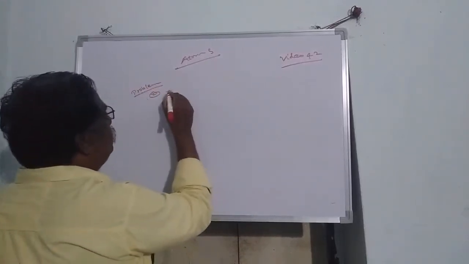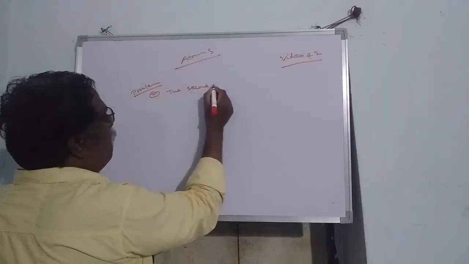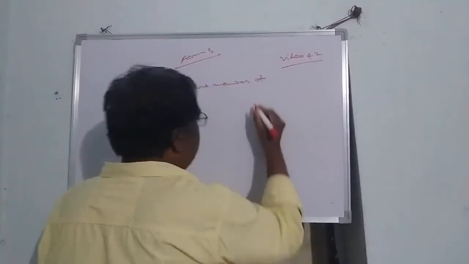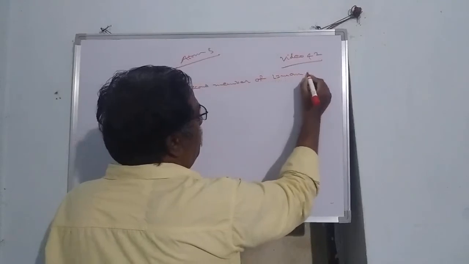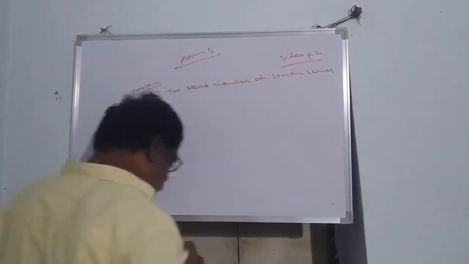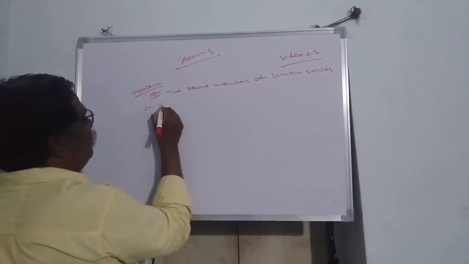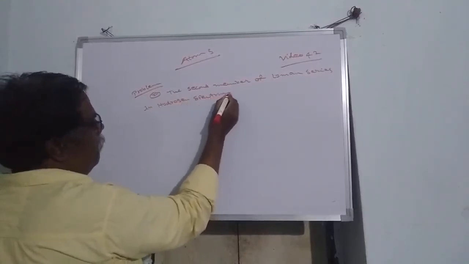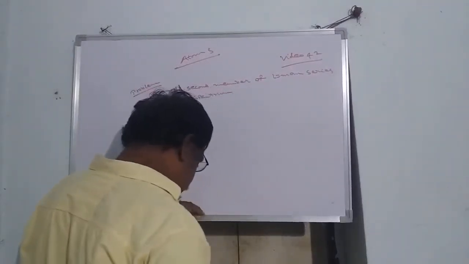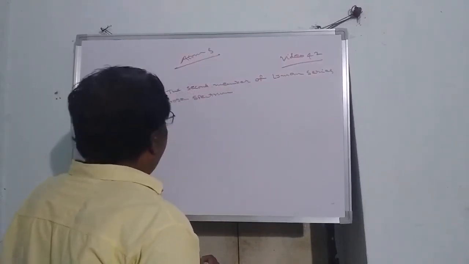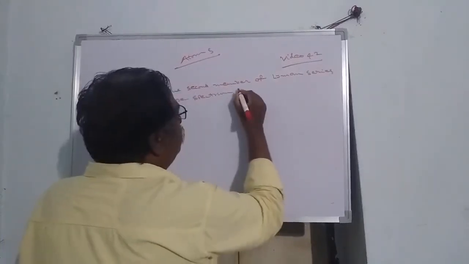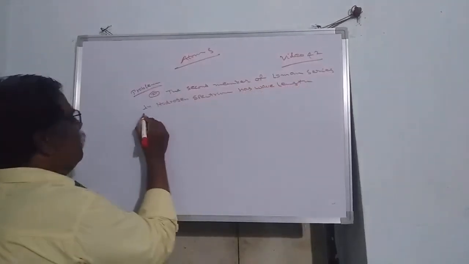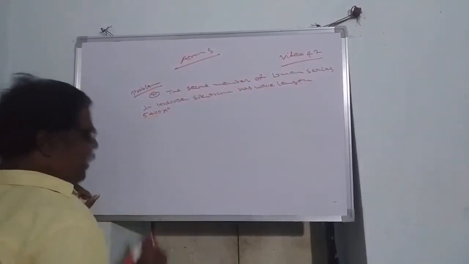The second member of the Lyman series in the hydrogen spectrum has wavelength 5400 angstroms.